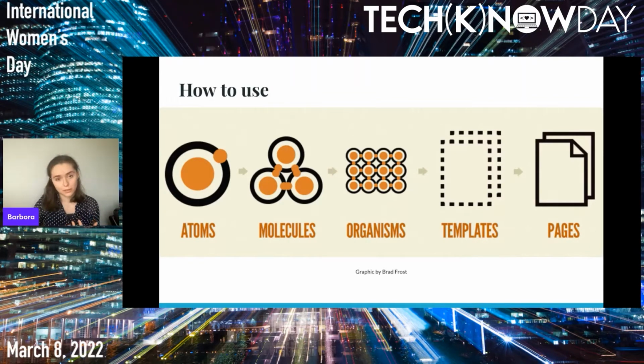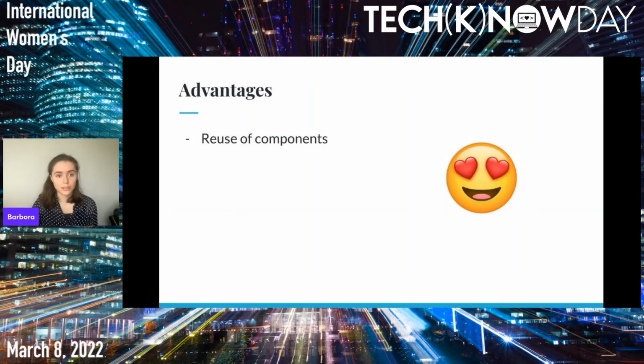So now that we have covered the overall implementation of the atomic design principle, let's move on to discussing the advantages and disadvantages. So starting with advantages, one of the great things about the atomic design principle is that it really encourages the reuse of components.